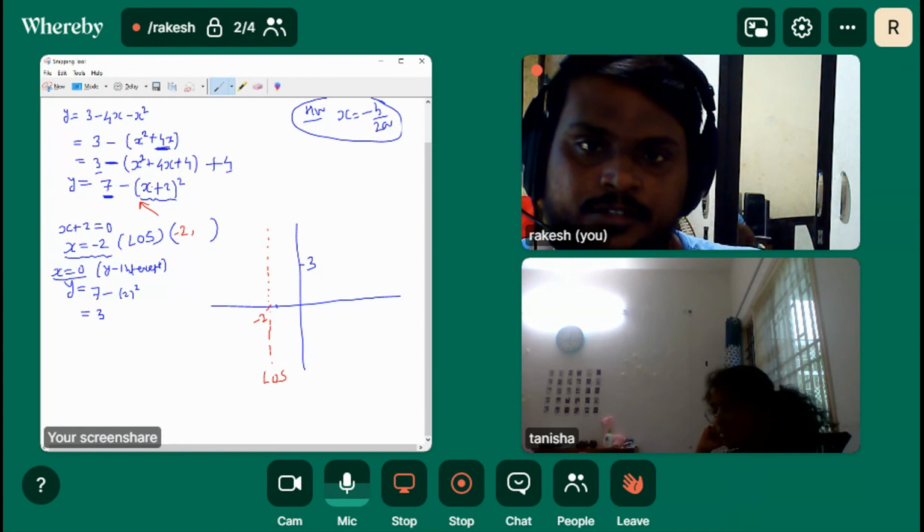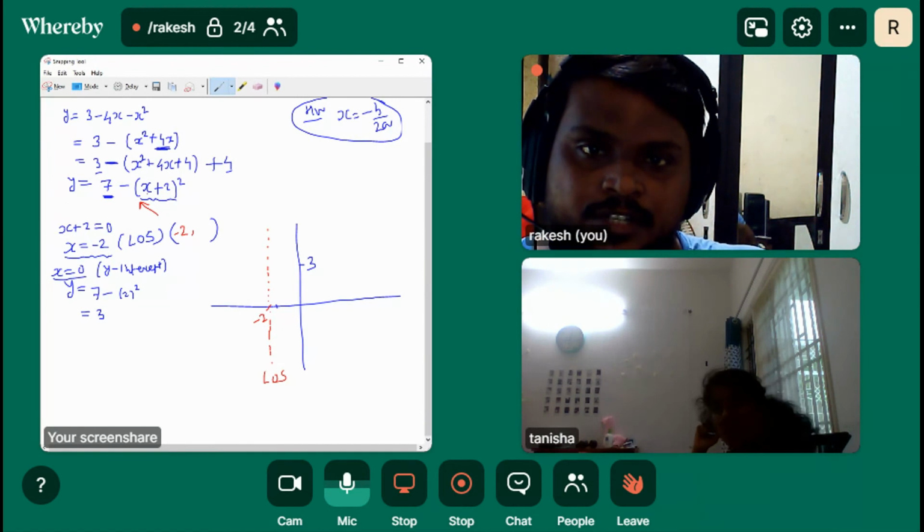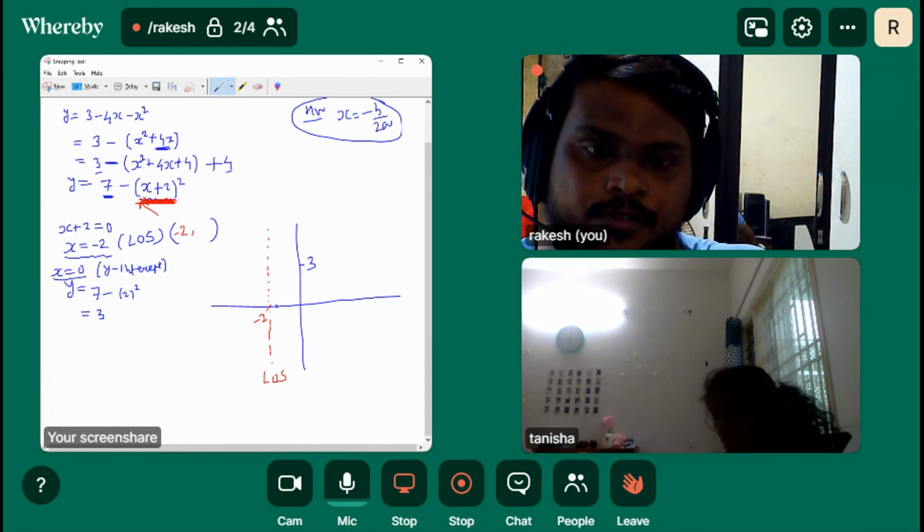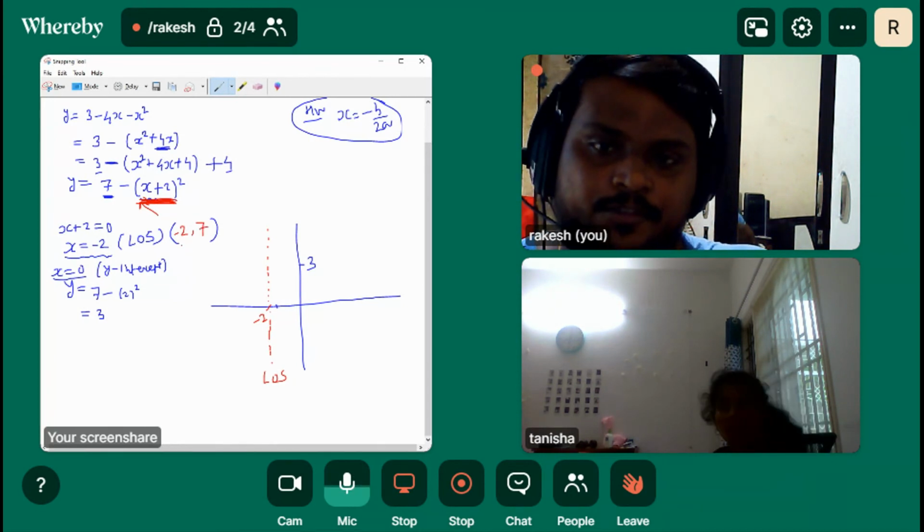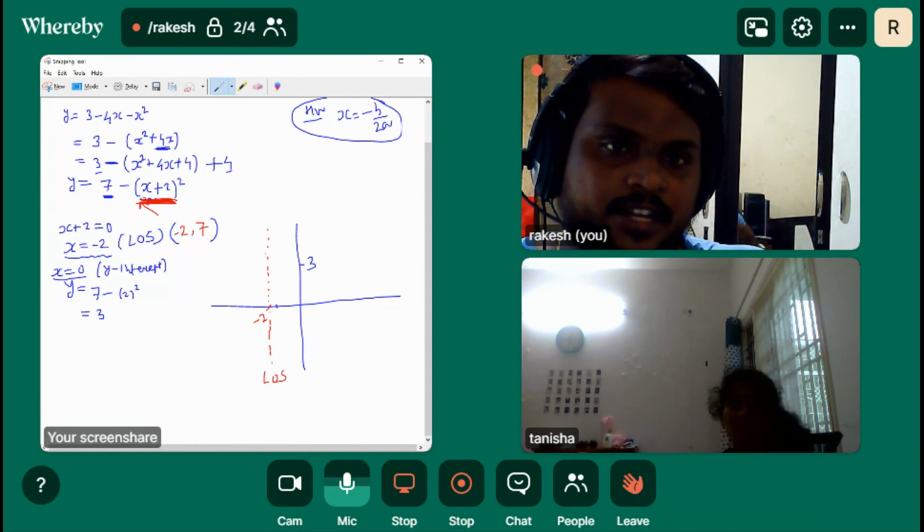We'll plug -2 here, right? Basically this bracket will be 0. So when we put x is equal to -2, the y value is 7 directly.